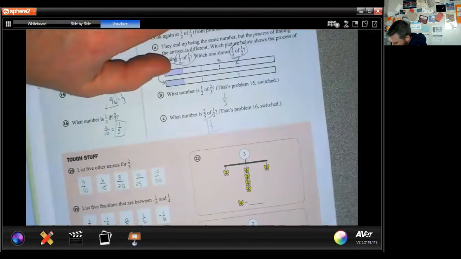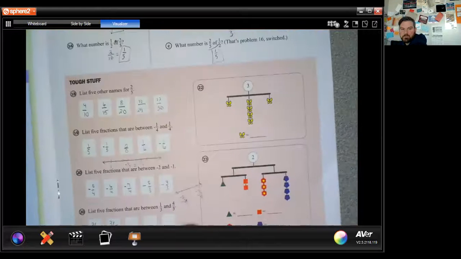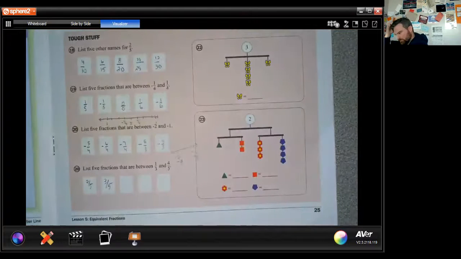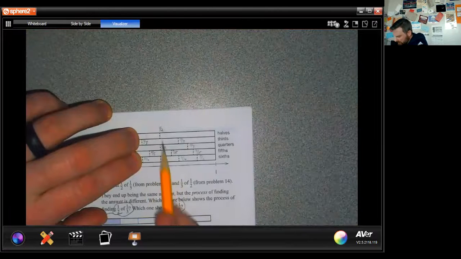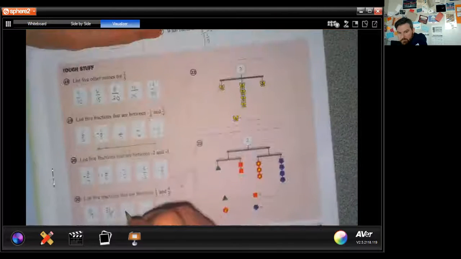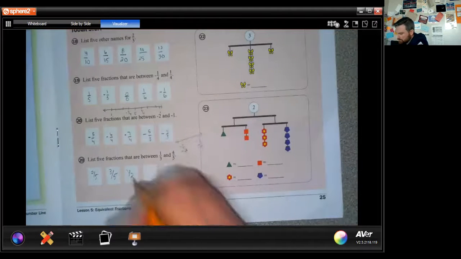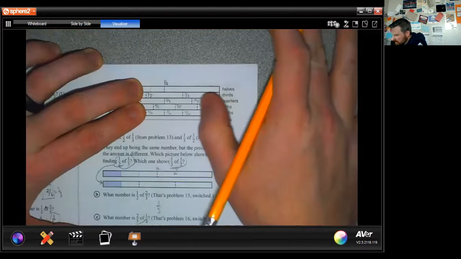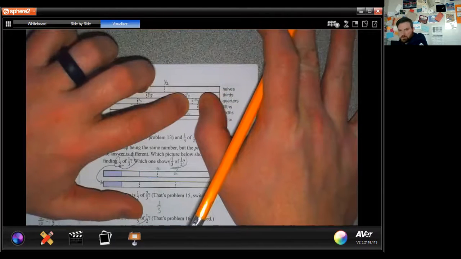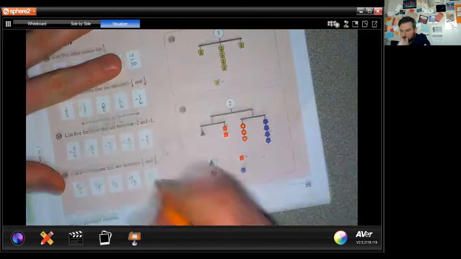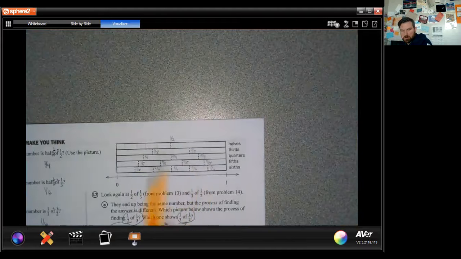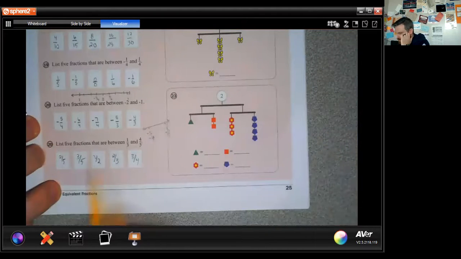I got a half. A half is in there, going all the way to 4/5, and I got 2/3 and 3/4. Using this bar chart can be very, very helpful for finding some of these things.